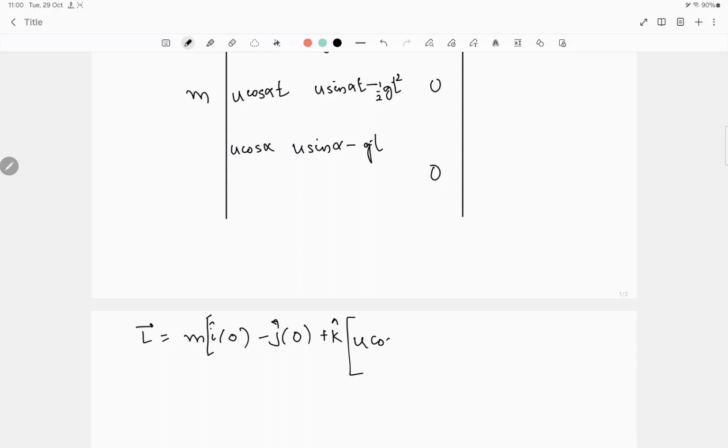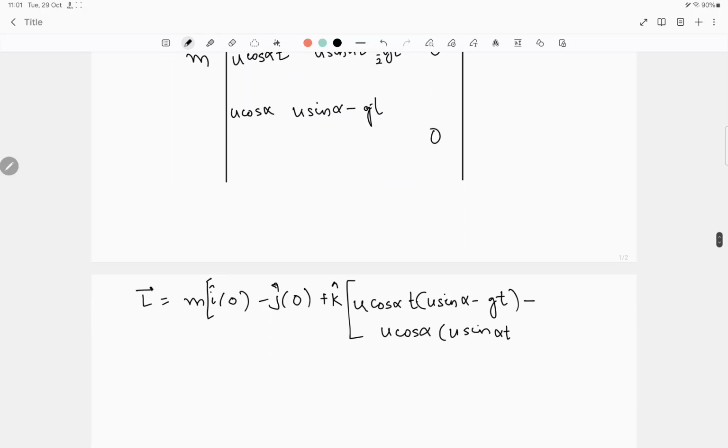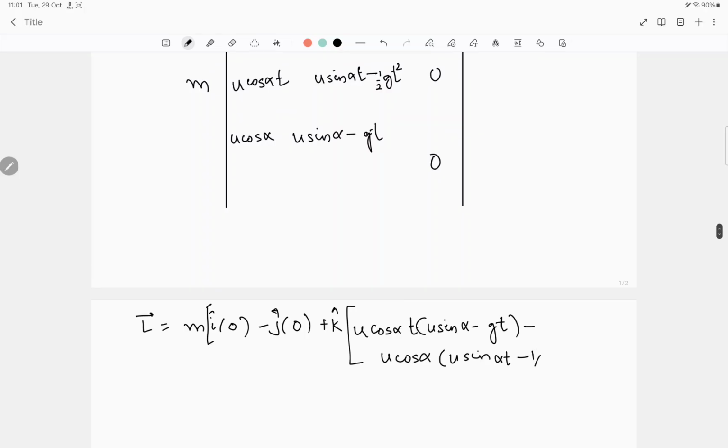So what we get: u cos alpha t into u sin alpha minus g t, minus u cos alpha into u sin alpha t minus half g t square.